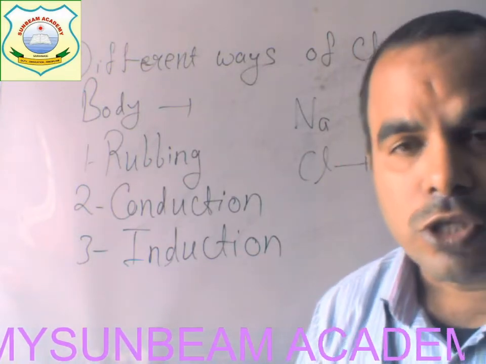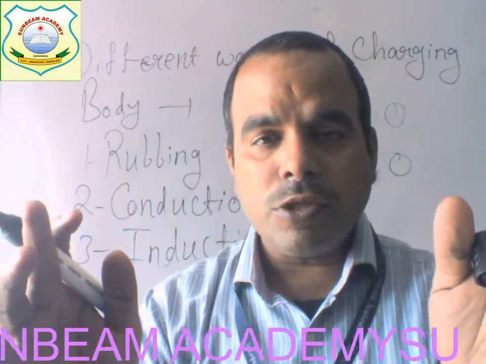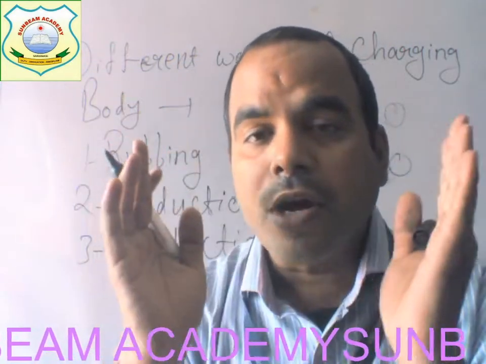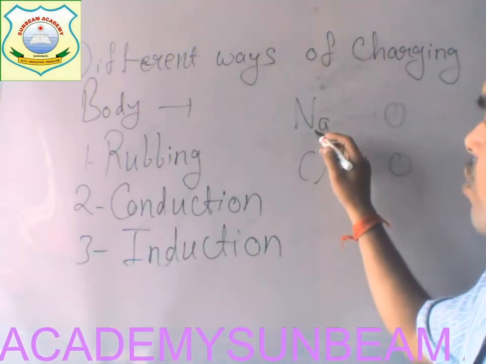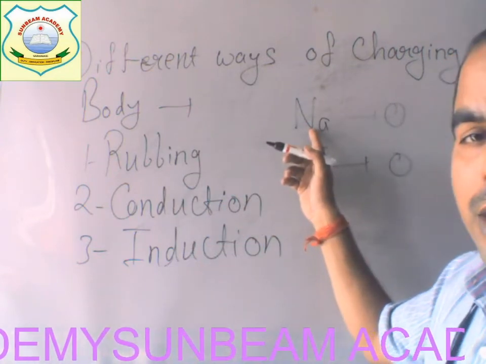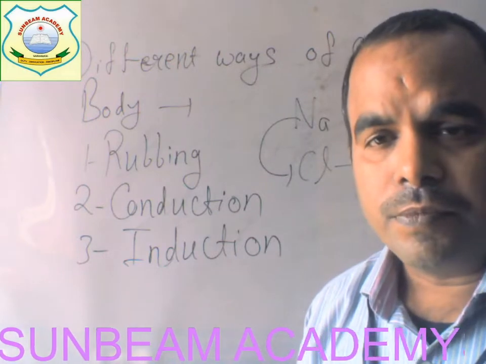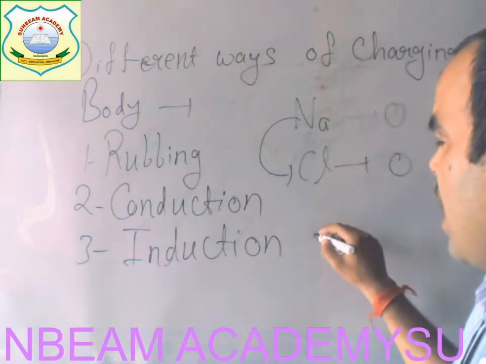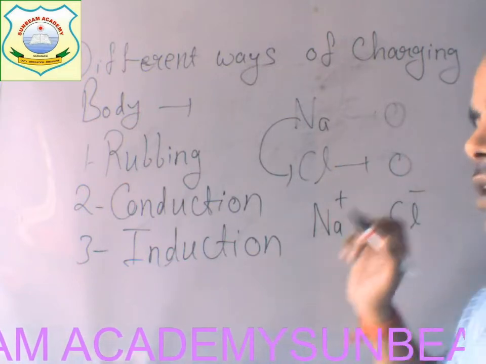You said 0. But when these two atoms rub against each other, one electron from the sodium atom is ejected and goes into chlorine. Then we said Na has a positive charge and Cl has a negative charge.